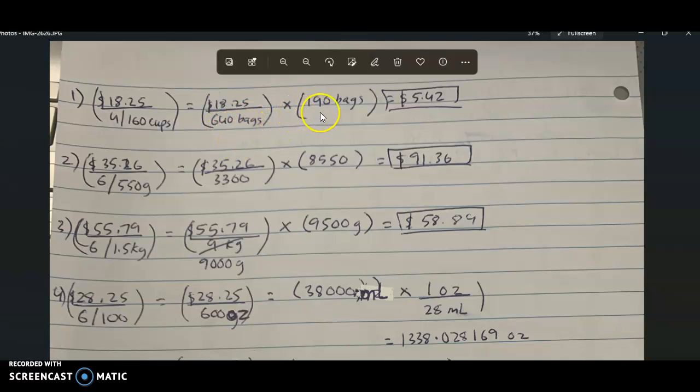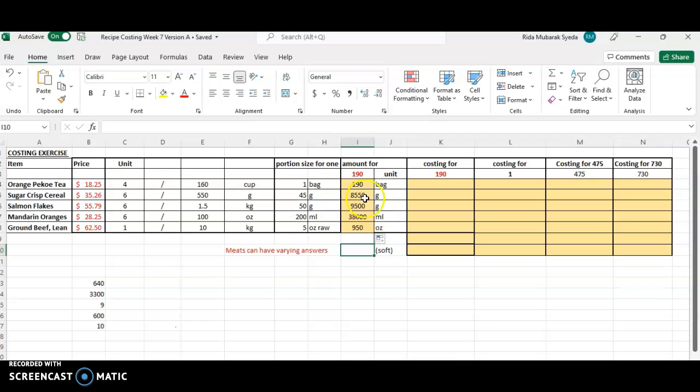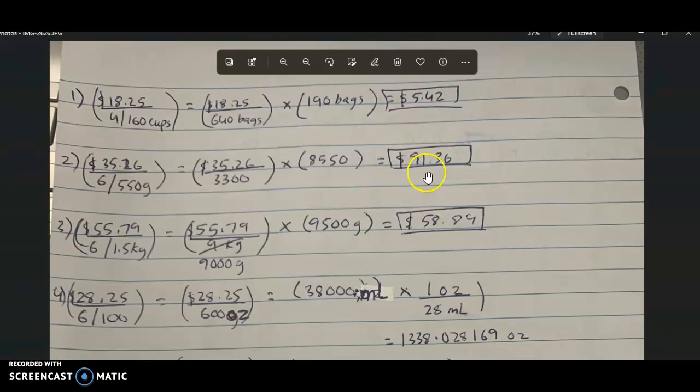We need to multiply it by the amount, which was 190. Let me show you where I got that from. That's the 190 amount for each ingredient, 640 the unit, and the price. When we divide by 640 and multiply by 190, we get 542 as our price.